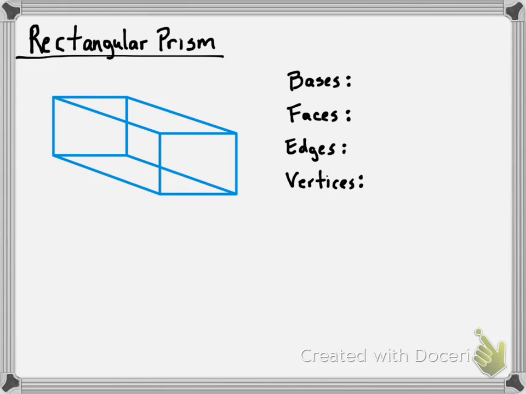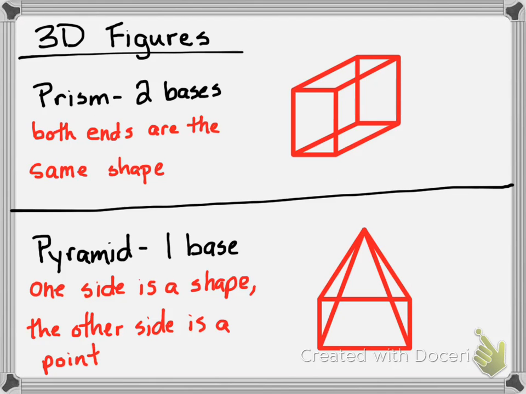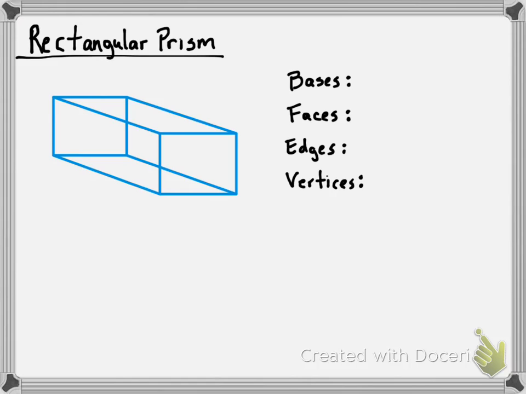Okay? Now, if I go back to this first slide, what do you notice that I said about prisms? They all have two bases. So all prisms have two bases. So I already know that since this is a prism, it's going to have two bases. But again, think about this.